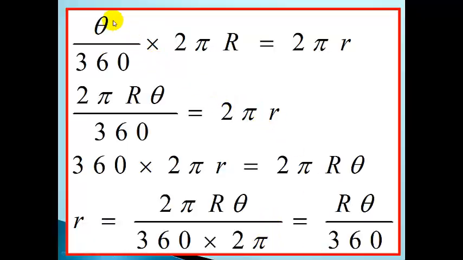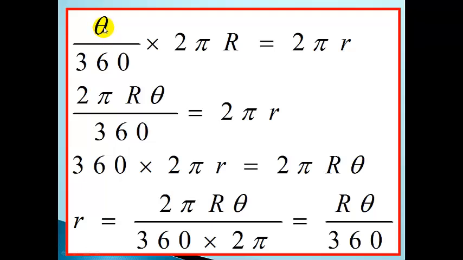Now, we said that the length of the arc AB is equal to the circumference of the circular base. How do we find the length of an arc?